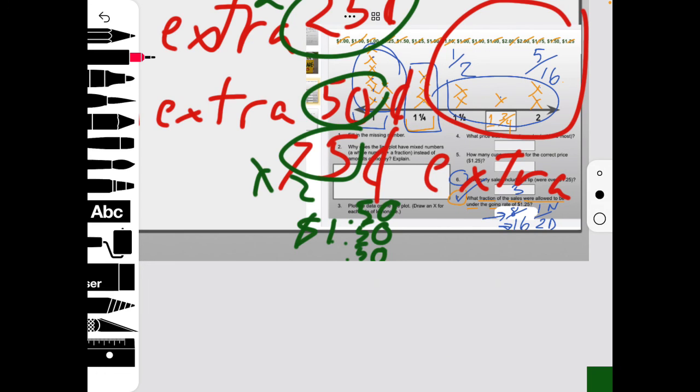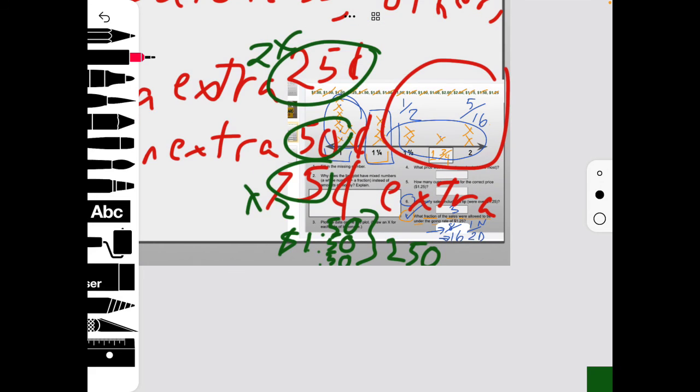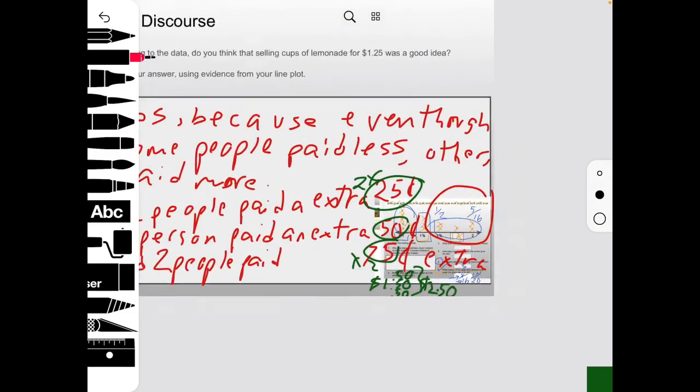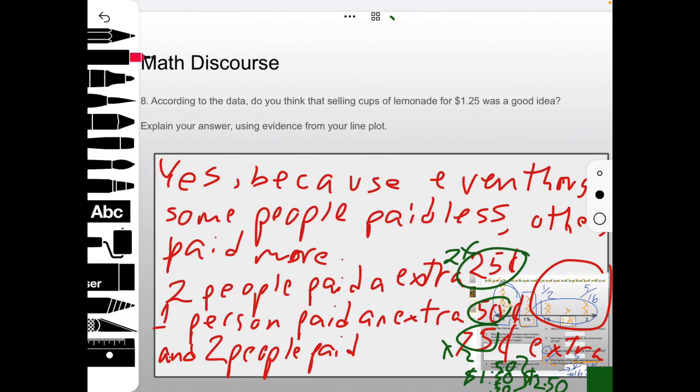That's $1.50 plus $1, $2.50, right? So the $2.50 is more.